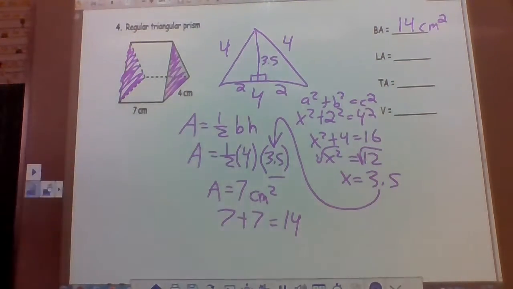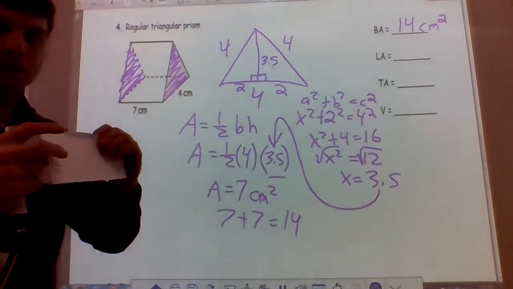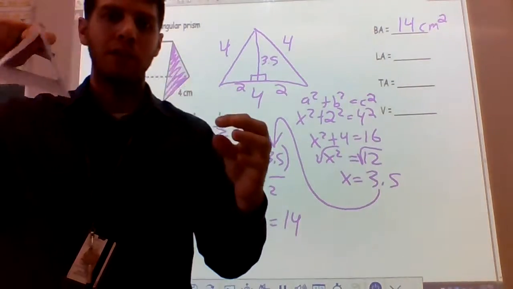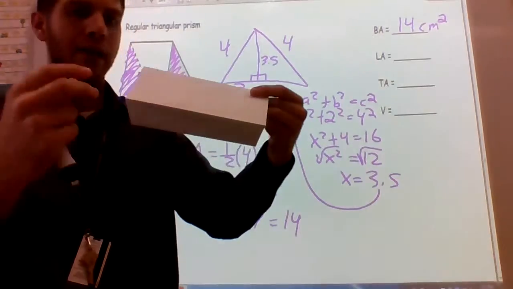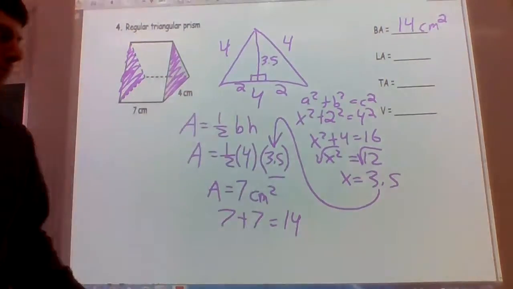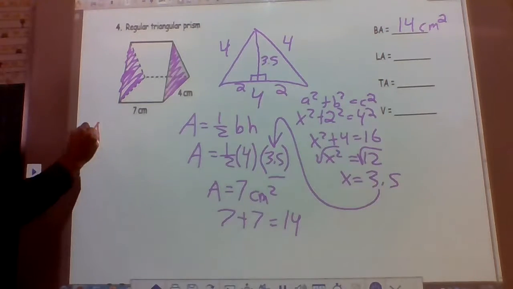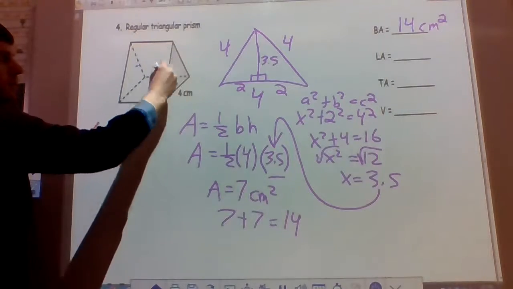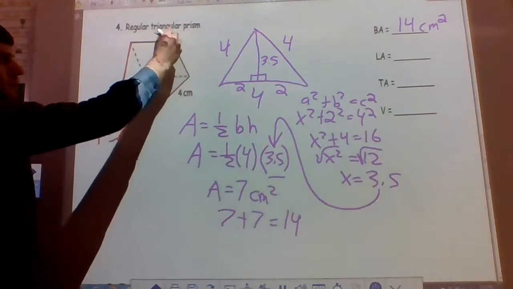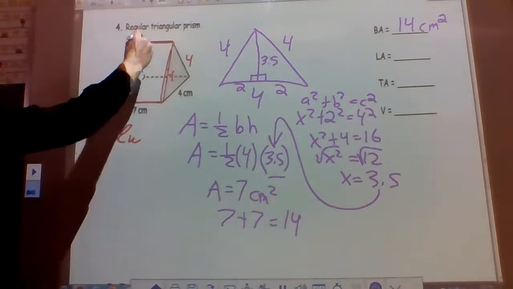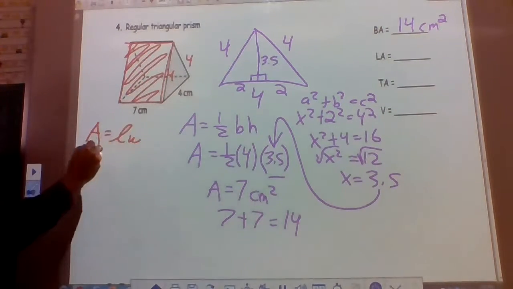If we look at our triangular prism, I kind of made one on a sheet of paper. Here's our triangle. So we got 2 triangle bases on each side, and then we have 3 rectangles, 1, 2, 3. The area for a rectangle is length times width. So here's our rectangle. Remember all these sides are 4. So the rectangles here are 4 by 7.